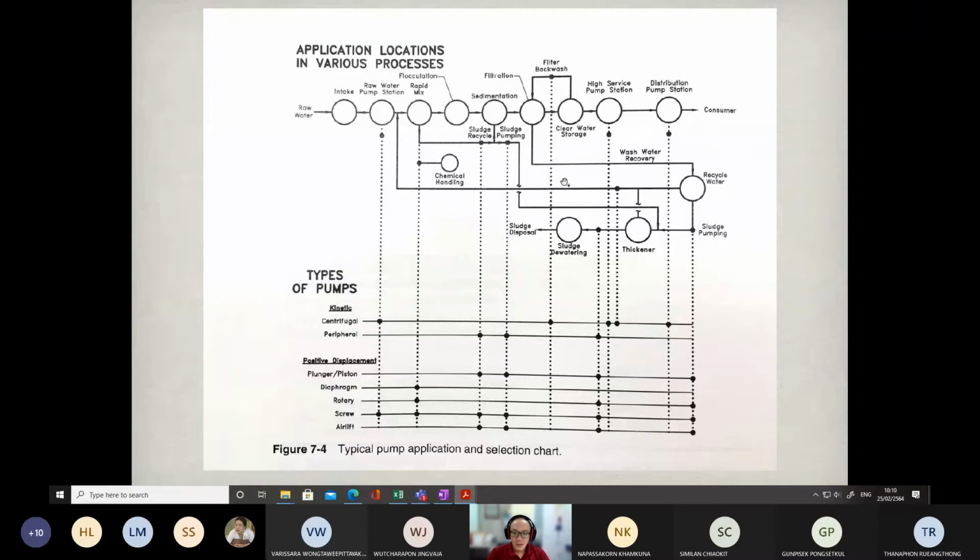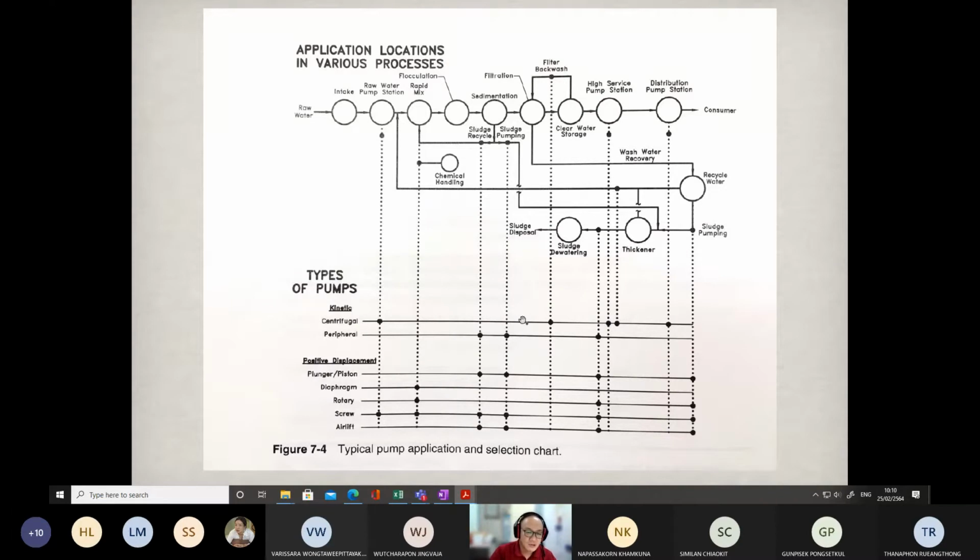But for the sedimentation tanks, normally water overflows from these tanks to the next unit operations. But we have to handle the sludge, which normally accumulates at the bottom of the chamber. So in that case, once the sludge has accumulated, we have to pump it and transfer it to the sludge treatment facilities.